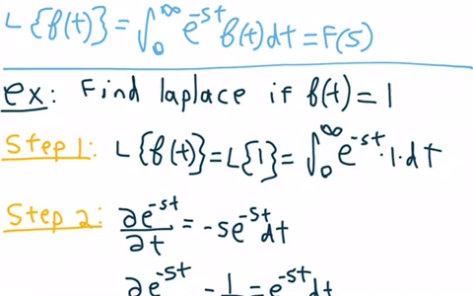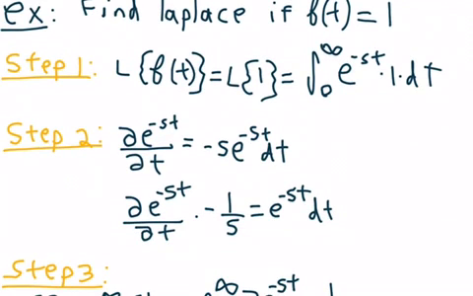So we are going to do the derivative with respect to t of e to the minus st. So if we do d of e to the minus st over d t, this is the derivative with respect to t, we get minus s times e to the minus st dt. Now the reason we did this is because now we could isolate the e to the minus st dt over here.